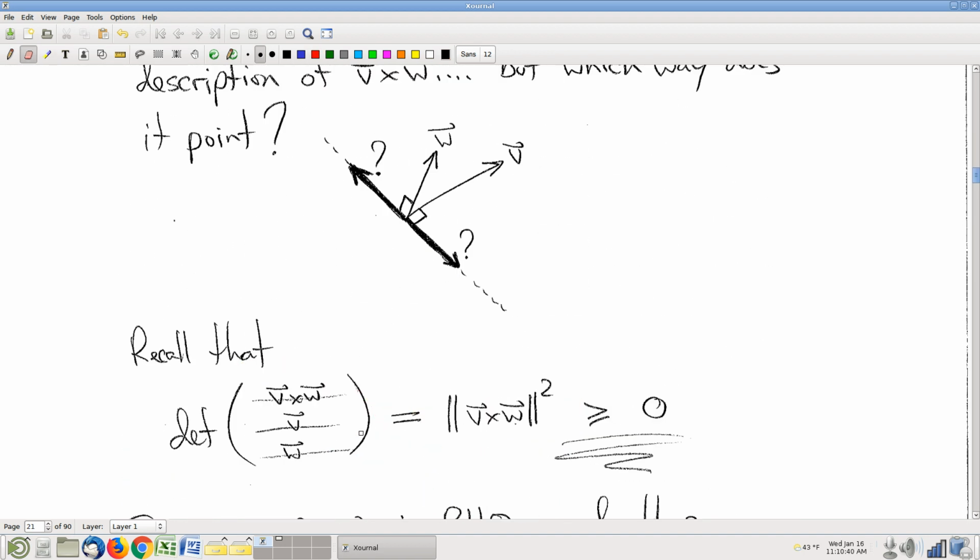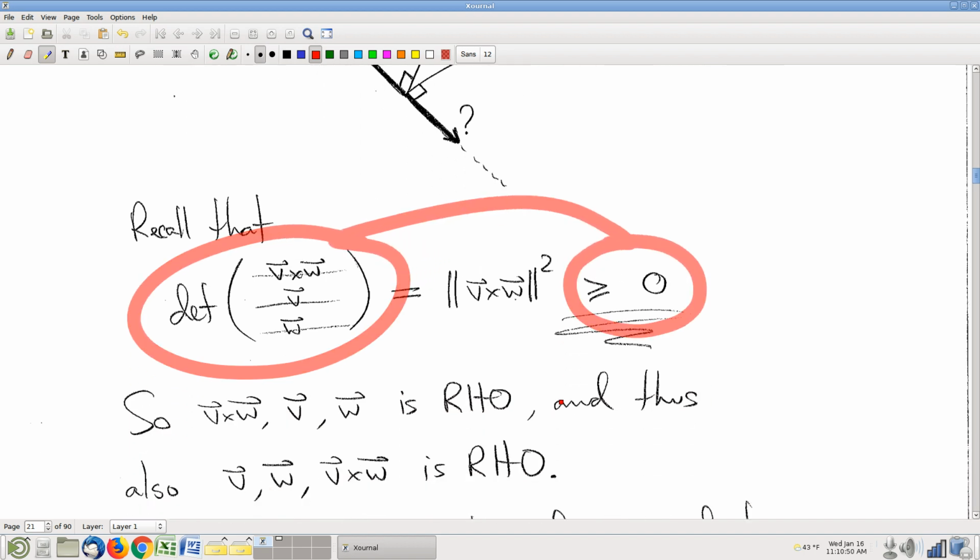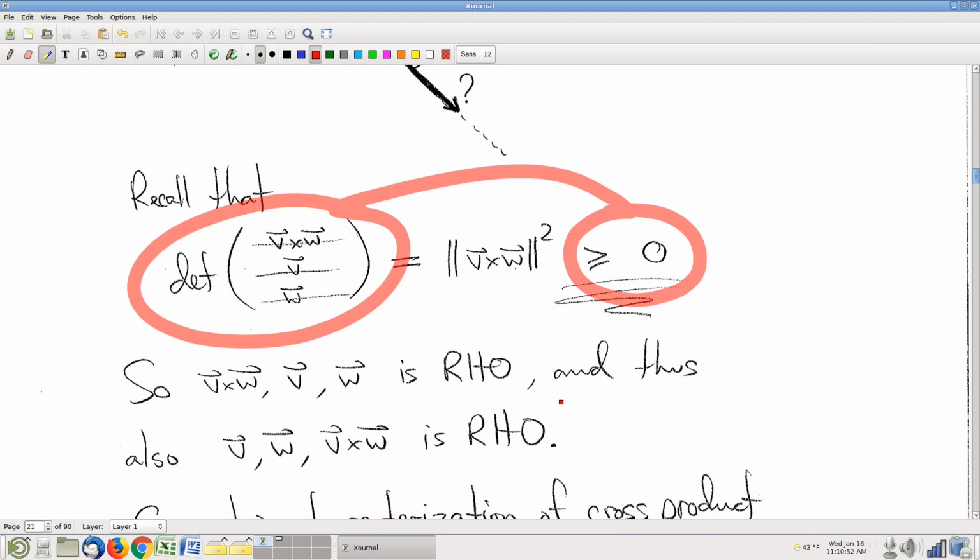And here's the thing, that's clearly never negative. And that means that this is never negative. That means it's a right-hand order unless you have some anomalous case where one of the vectors is 0 or two vectors are parallel or something weird like that. Those anomalous cases are always easy to identify. If one of the vectors is 0, that's easy. So other than the anomalous cases, always right-hand order.